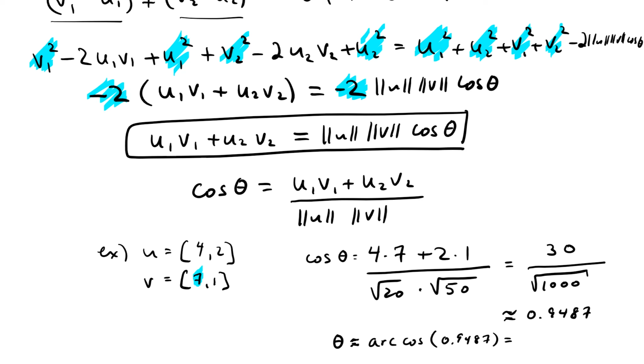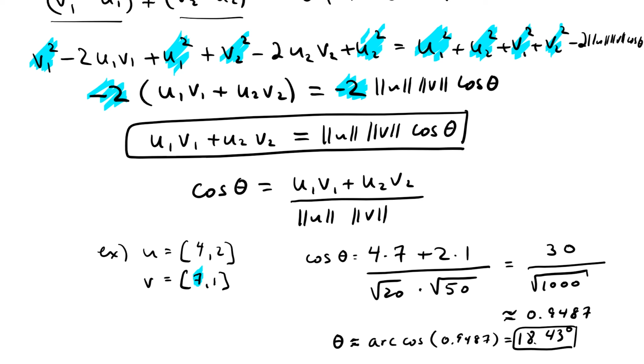Now you have to be careful whether your calculator is set in radians or degrees. That will change the answer. Mine is right now set in degrees, so I get 18.43 degrees. And that's the angle.